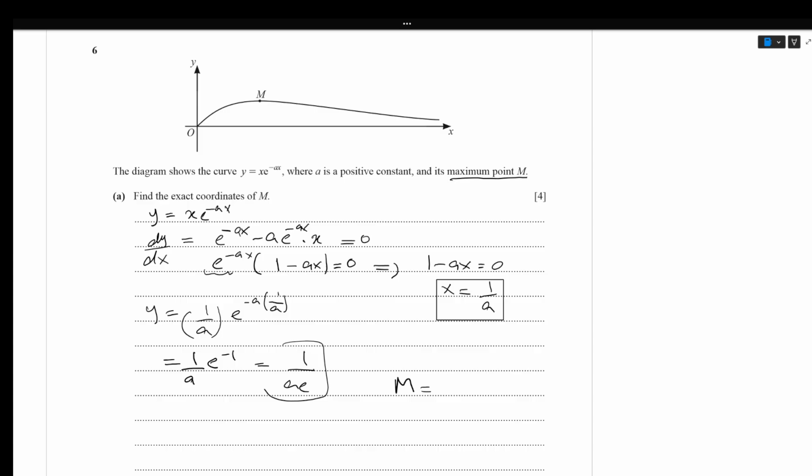So the y coordinate is found, so M is (1 by a, 1 by a e). And this will be your answer.